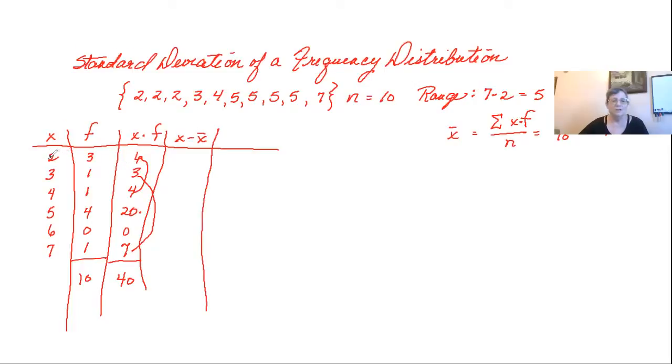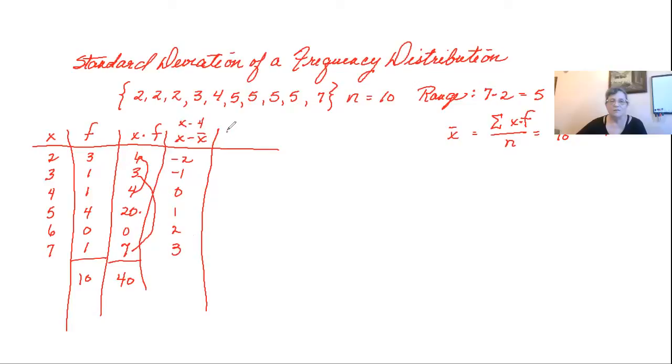Coming all the way over here, 2 minus 4, so it's x minus 4. 2 minus 4 is negative 2. 3 minus 4 is negative 1. These are all in order, so 4 minus 4 is 0, and then 1, 2, 3. Now, this is the difference between each possible x and the average, but I need to know how often that occurred.